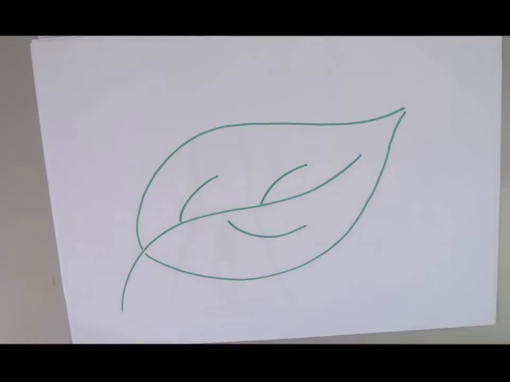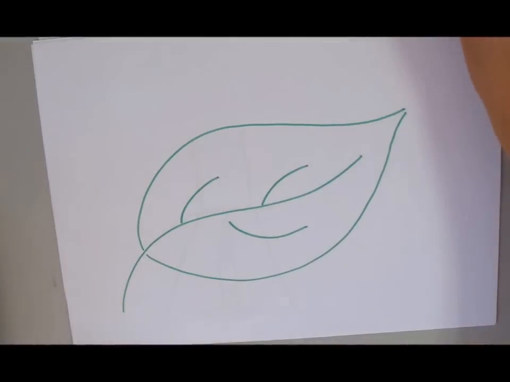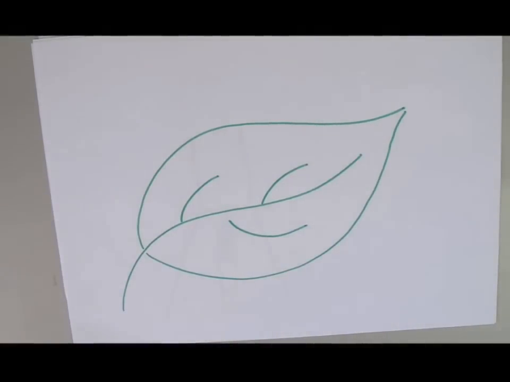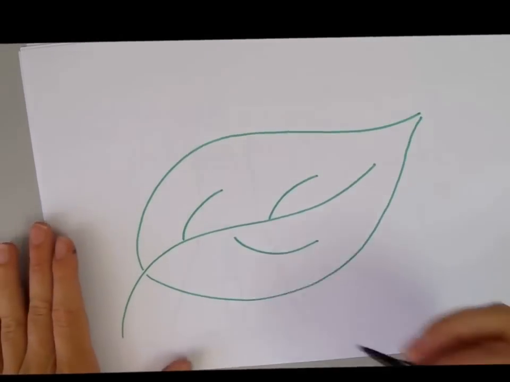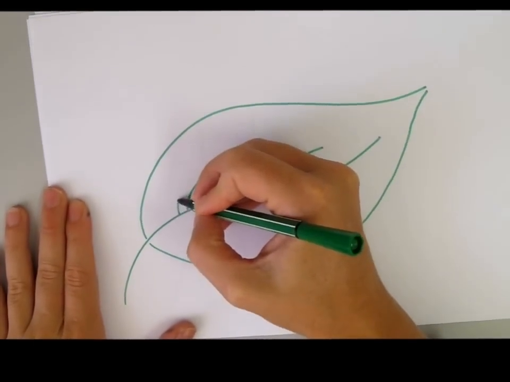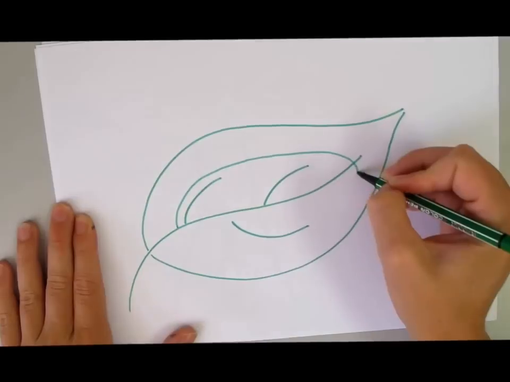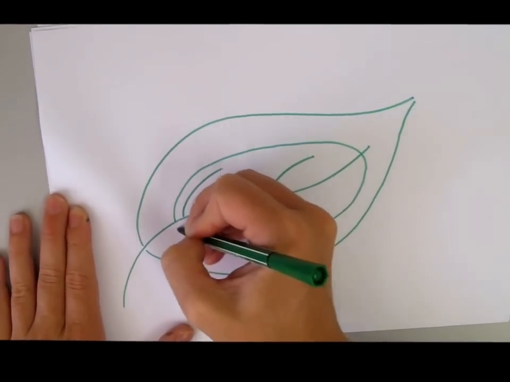Now, the final one involves a slightly different type of leaf called a variegated leaf. Obviously you can't do this to any leaf, you have to have an appropriately shaped or coloured leaf. What a variegated leaf is, is one that's more than one colour.